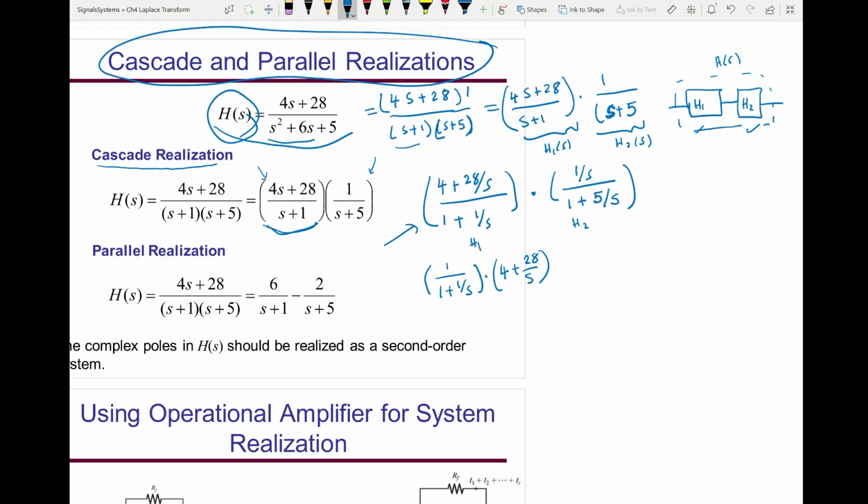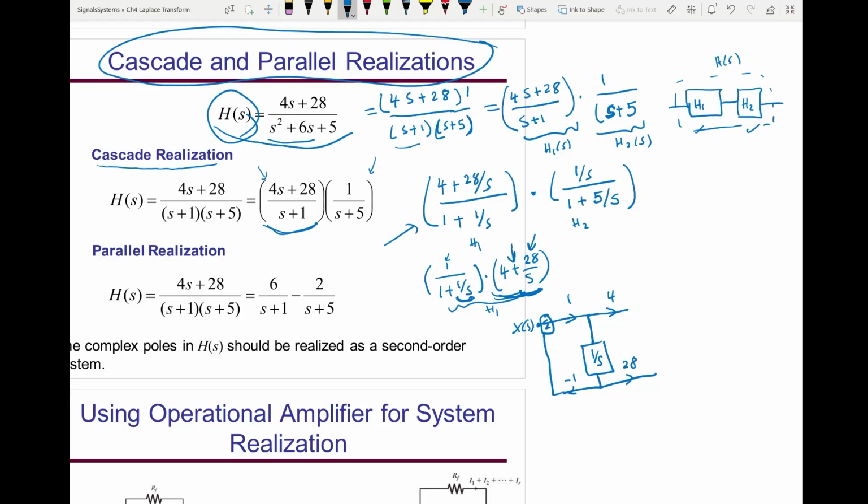And let me build this system first, which is H1. It will be X of s here, G of s is 1, the feedback 1 over s, H of s, which is this integrator, amplified by 1, which is -1 negative feedback, and the summation. Then the output here goes to this subsystem, which is amplification by 4, and then goes to this integral, and then amplified by 28.